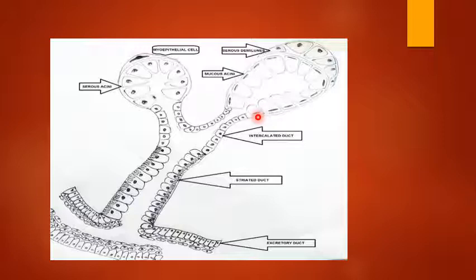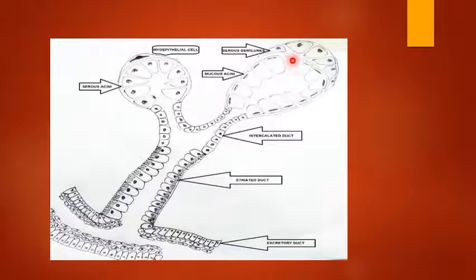They may be 12 to 24 in a secretory unit, and the intracellular canaliculi are not present in the mucous cells, whereas they could be present when they have serous demilunes. So these are the serous demilunes which are present over these mucous cells.